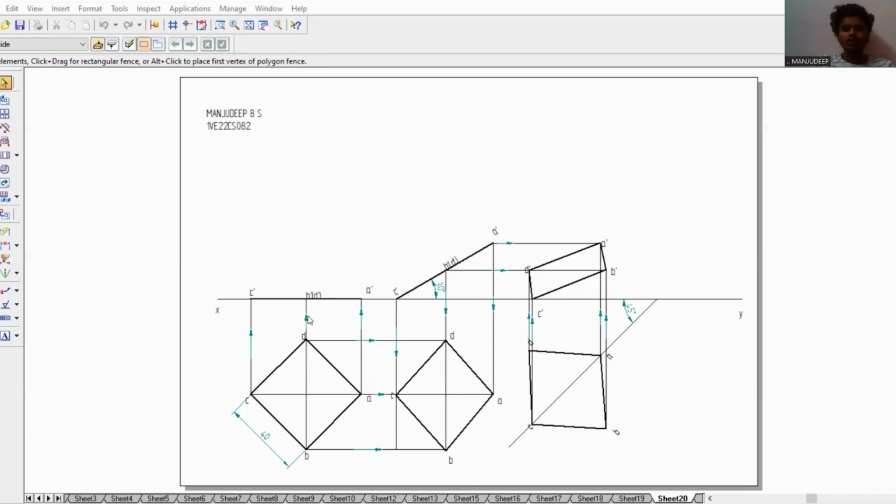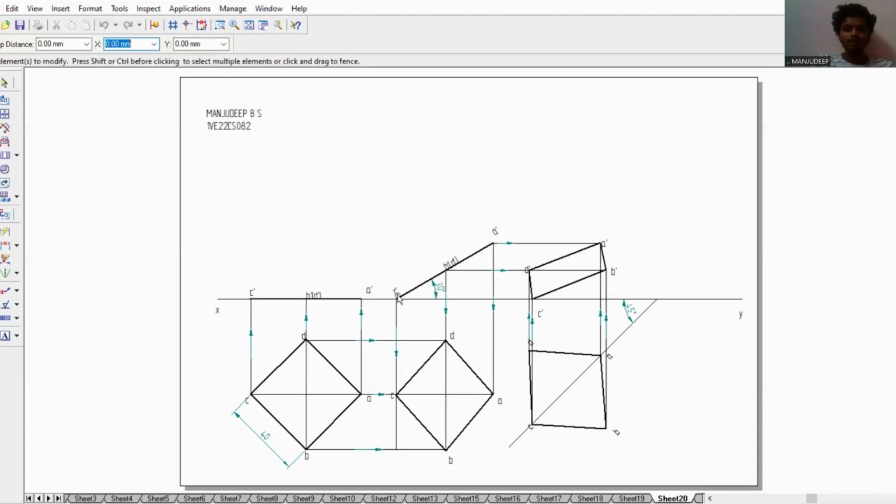Now, as given in the question, the lamina is inclined to HP at 30 degrees. So draw a line at 30 degrees as shown here and place the distance between A dash and C dash on that 30 degree line by using the move and copy option, as shown here.